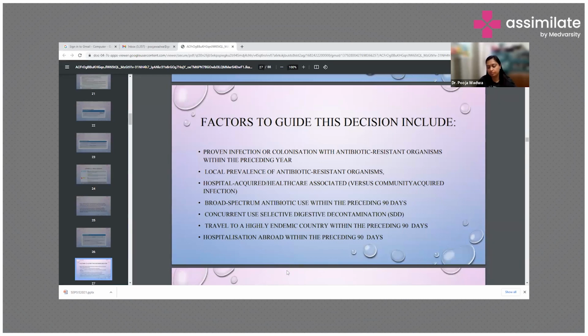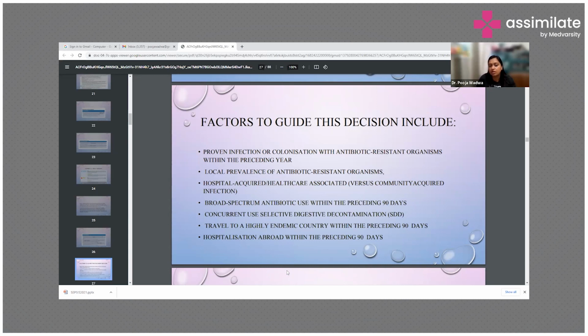So, how do you say that the patient is at risk for developing an MDR infection or is not at risk for MDR infection? MDR infection means multi-drug resistance, so they are resistant to multiple drugs.